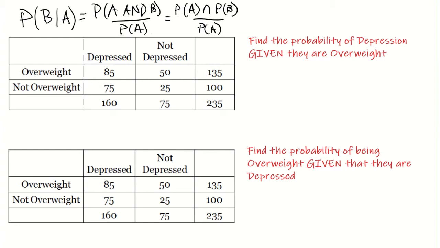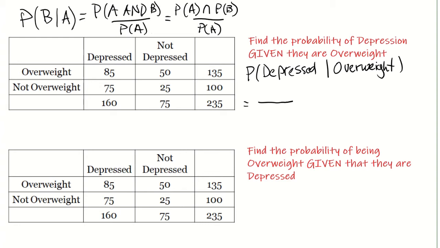The first problem says find the probability of depression given they are overweight. So that means we want the probability that someone is depressed given that they are overweight. So with contingency tables, I'm going to start with the denominator. The denominator is going to be the probability of being overweight.